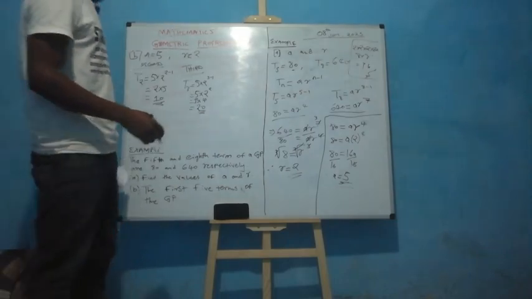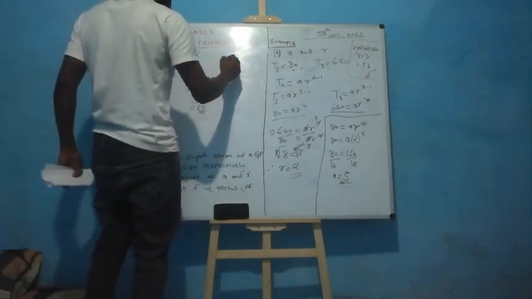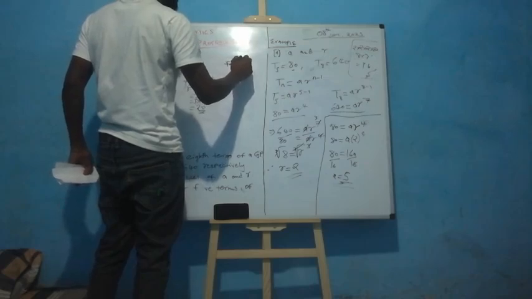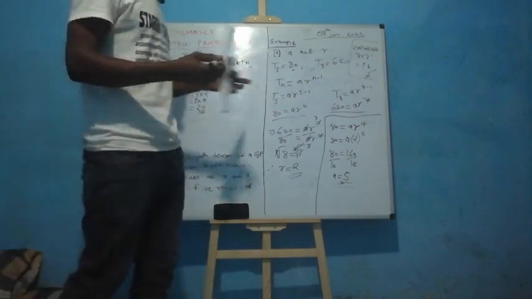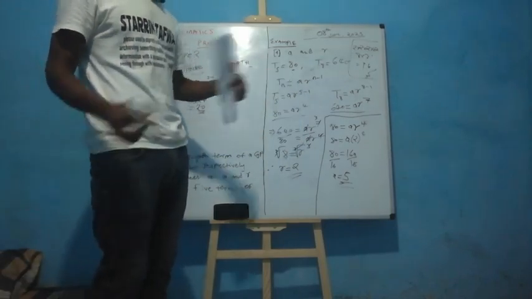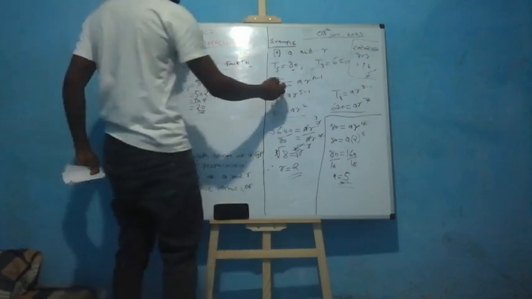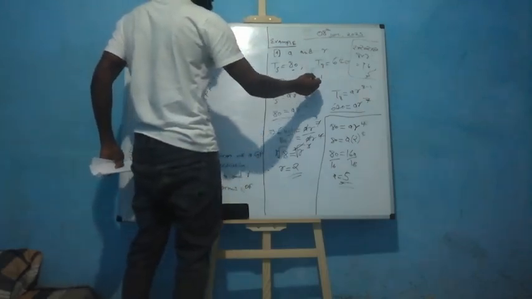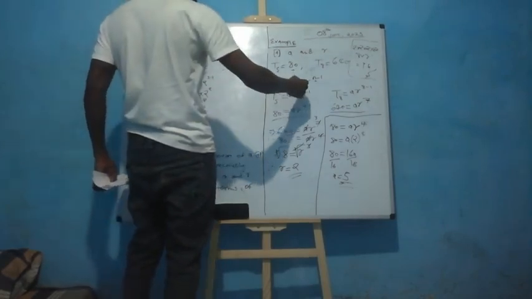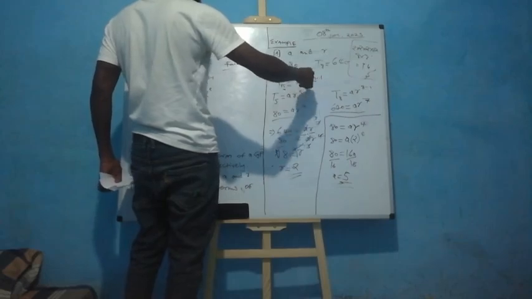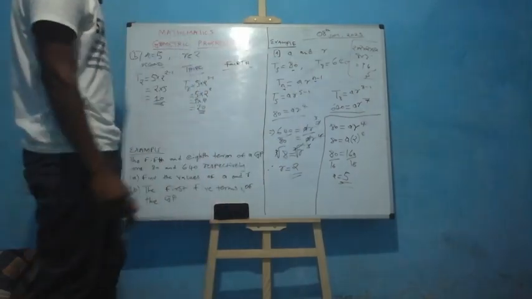So let us go forward and find our fourth term. For our fourth term, again we are going to use this same particular formula. We are going to replace n here by 4 and here by 4, because we are finding the fourth term. And then we're going to replace this by our first term, and this by the common ratio, which is 2.